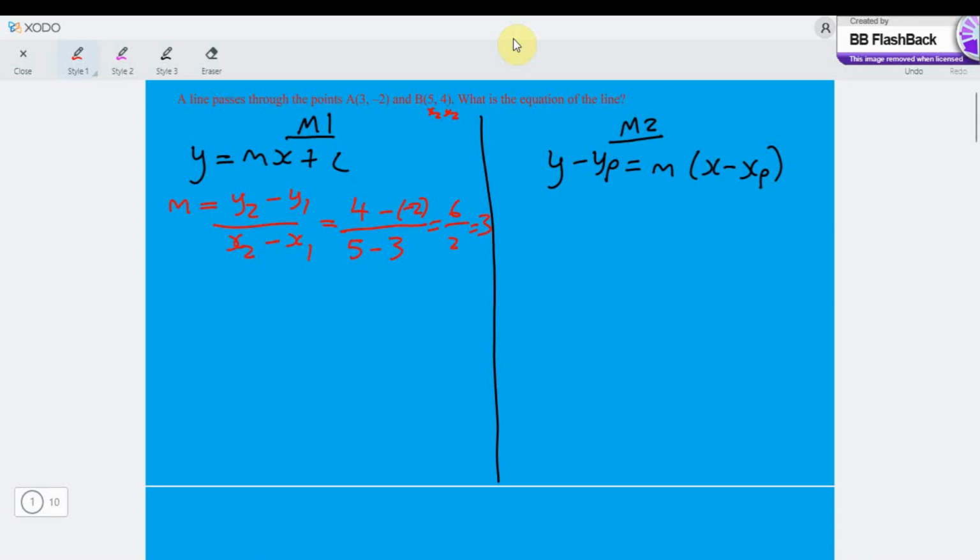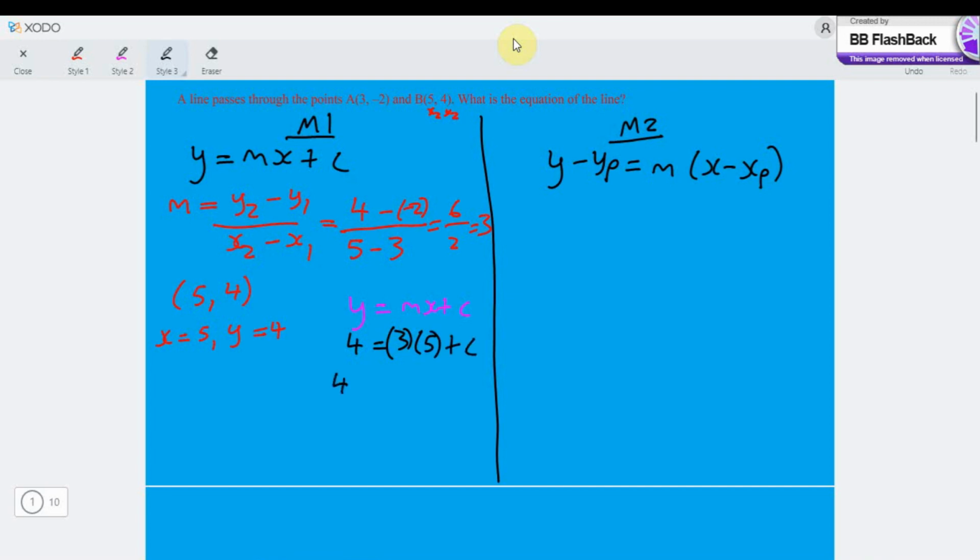To find c, we use that point. At the point (5, 4), what do we know? We know the x value is 5 and the y value is 4. And remember the equation of the line is y equals mx plus c. So the y value is 4, the gradient we just found is 3, the x value is 5, and we have plus c.